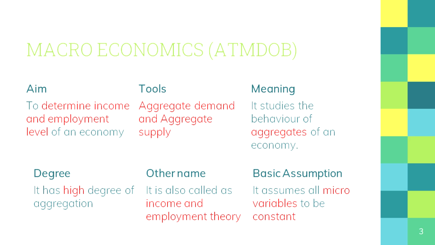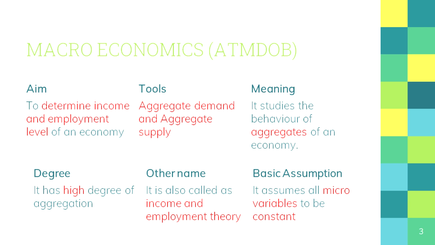In macroeconomics, we will try to learn how an economy determines income and employment in a country. Now, the tools that are used in macroeconomics are aggregate demand and aggregate supply.